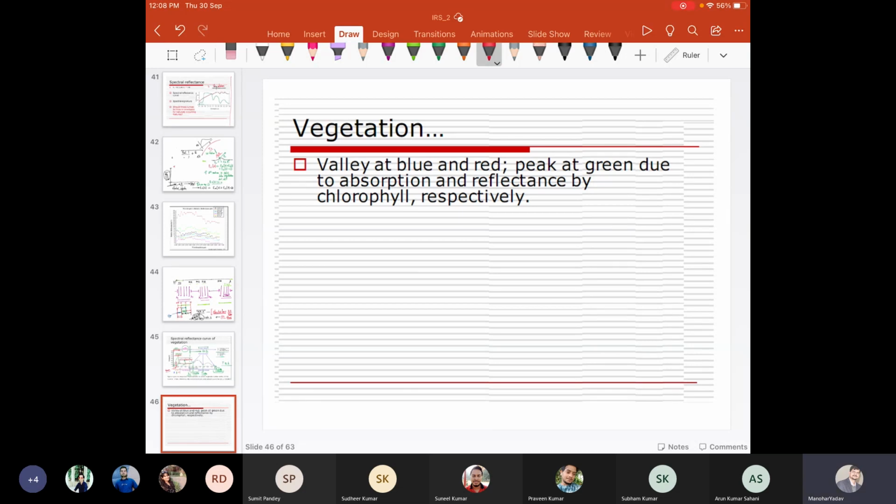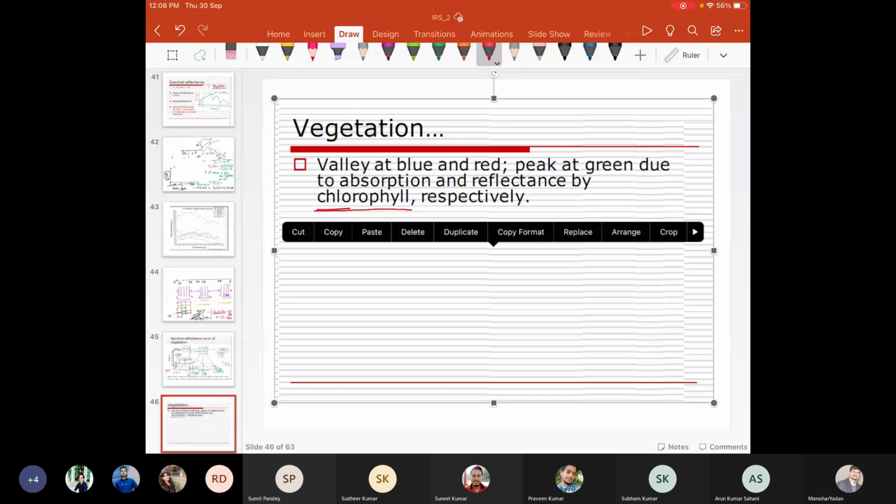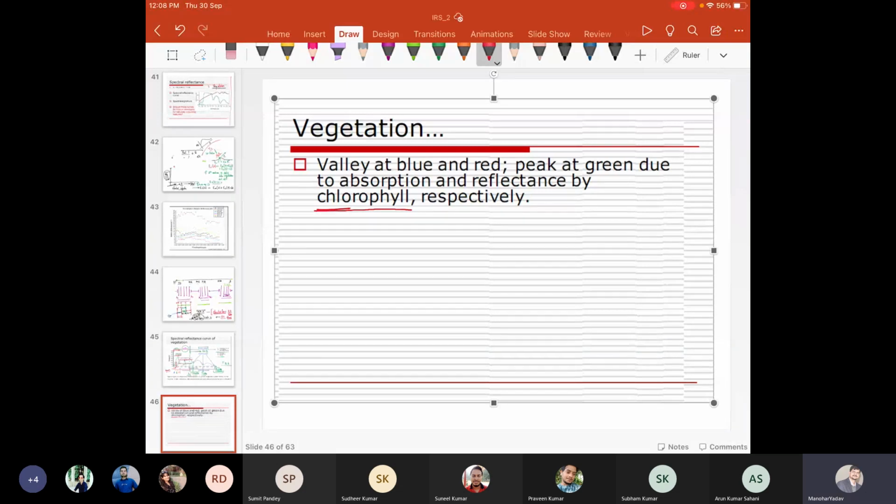In the visible spectrum, we have two valleys at blue and red, and we have a peak at green due to the absorption and reflectance by the chlorophyll. The chlorophyll absorbs blue and red, while it reflects more at the green band.